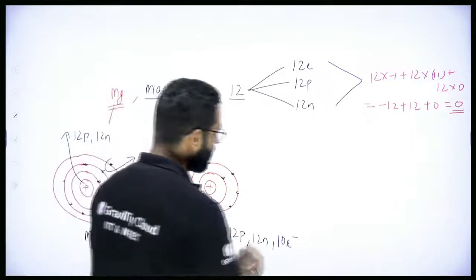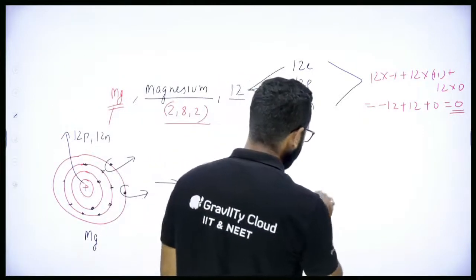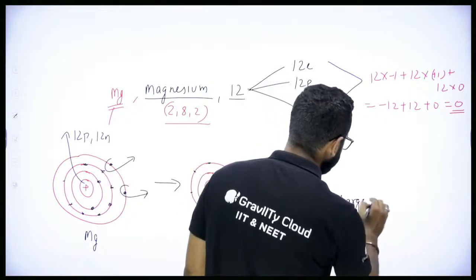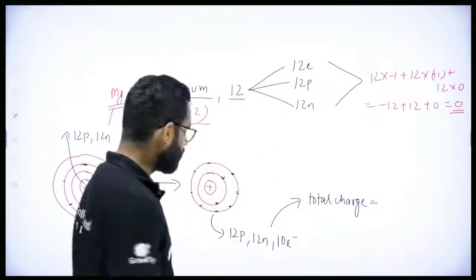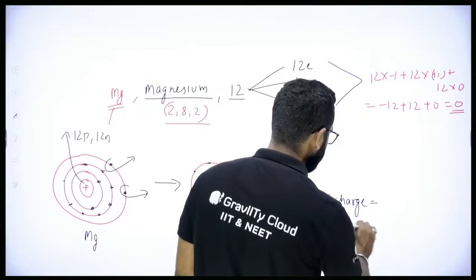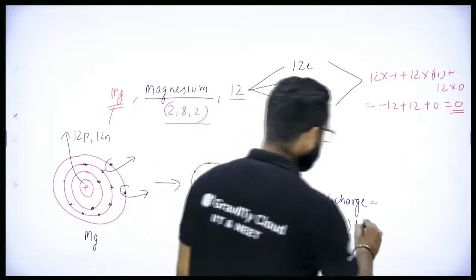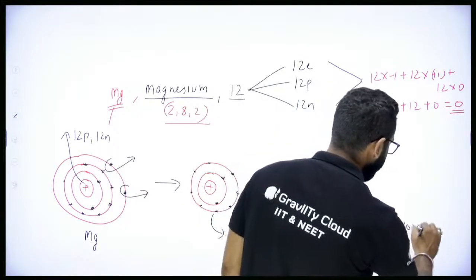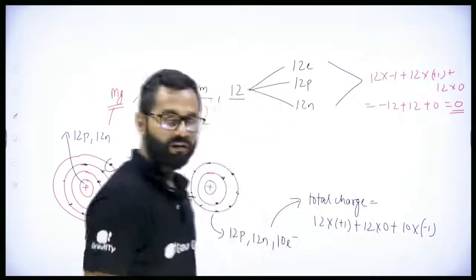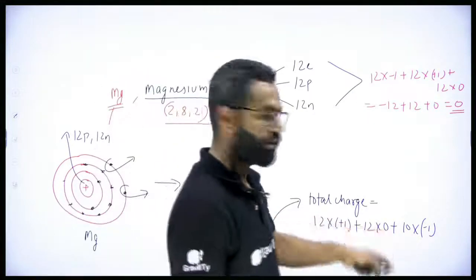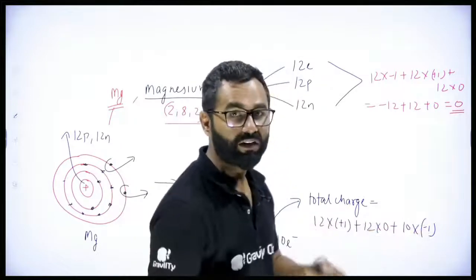That means what is the total charge? Total charge will be equal to 12 into plus 1 plus 12 into 0 plus 10 into minus 1. This is 12 into plus 1 for proton, 12 into 0 for neutron, 10 into minus 1 for electron.